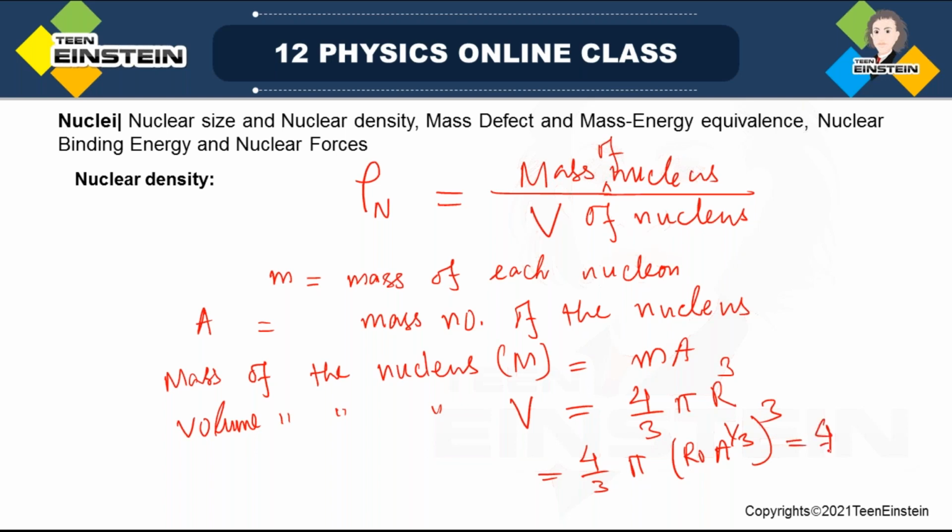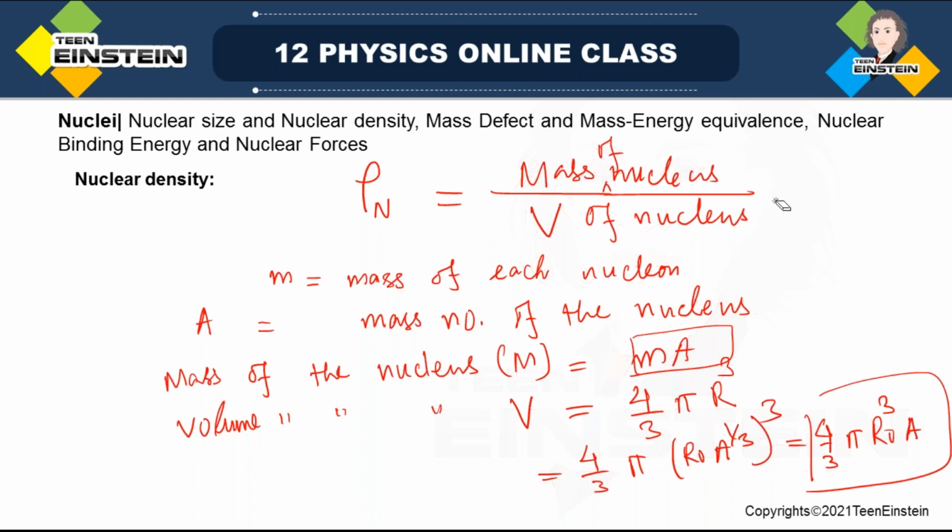So this gives you 4 by 3 pi r0 whole cube A. I hope it is clear to you. So this is the volume. So what we have got? We have got the total mass of the nucleus and the total volume of the nucleus.